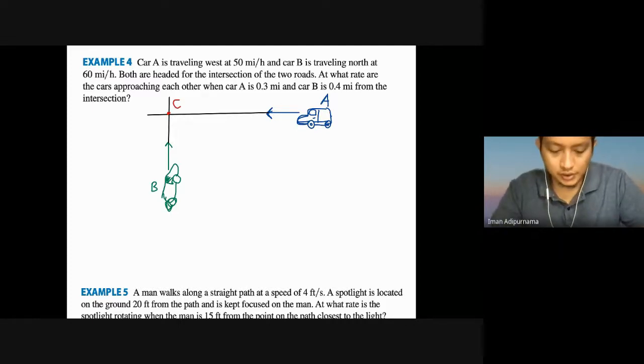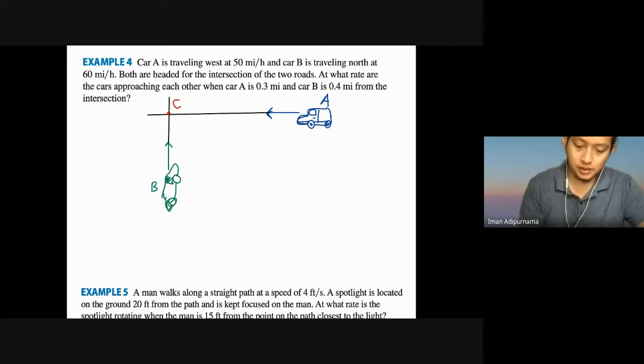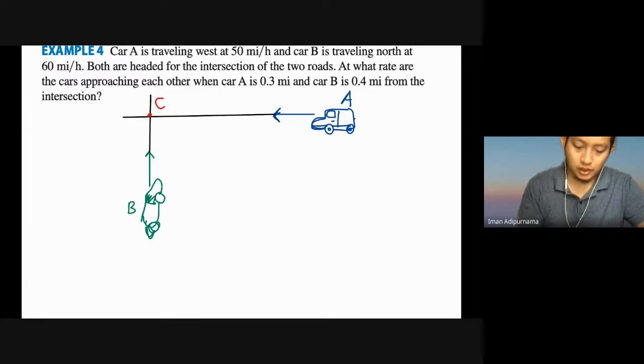Okay. The question is, at what rate are the cars approaching each other? So the question is when both cars are approaching. So maybe B is going to go here. A is also going here. So you want to know the rate when the cars are approaching each other. So between this A, B, there will be a line here, right?